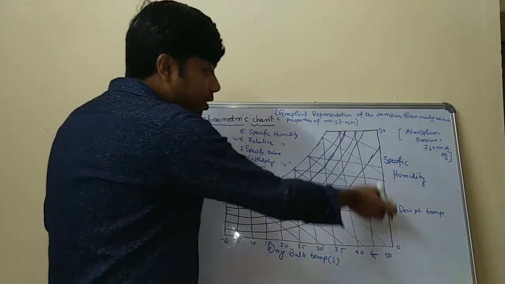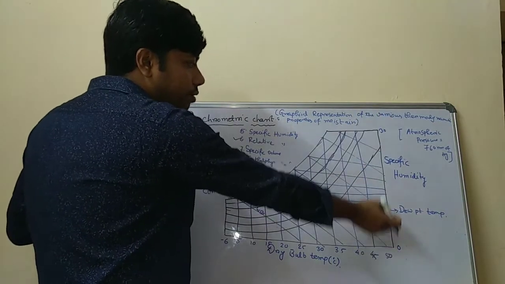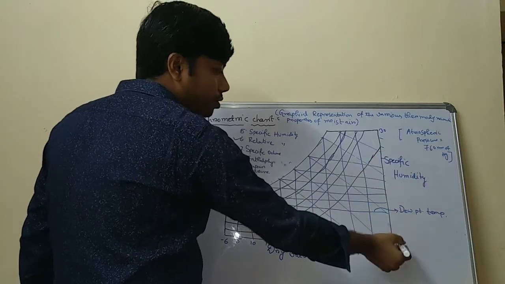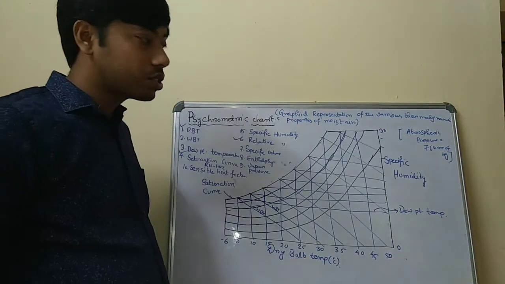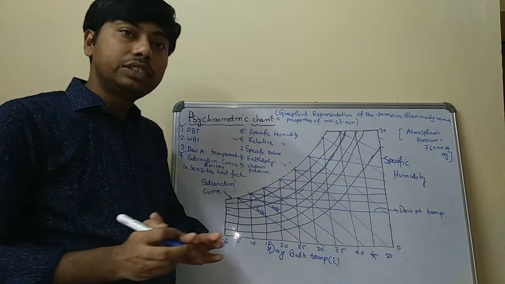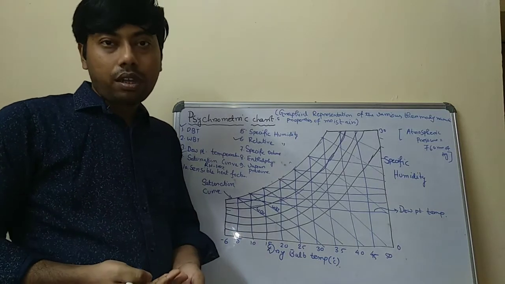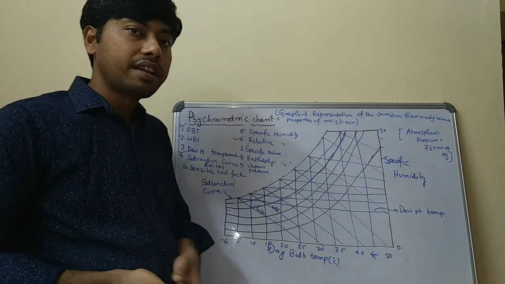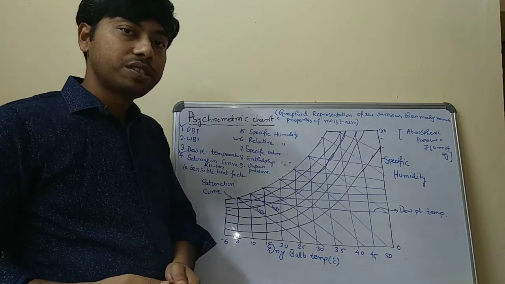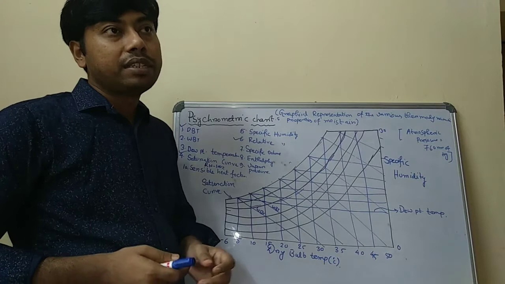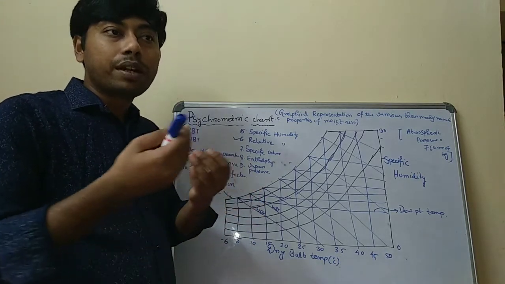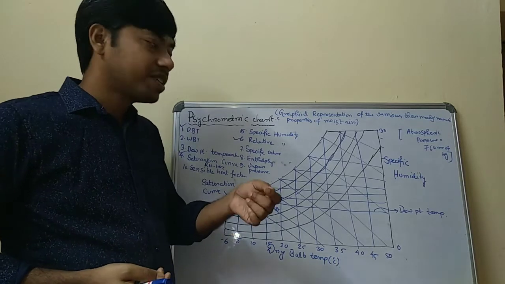Now specific humidity. Specific humidity is on the outside of the chart, uniformly spaced from 0 to 30, because specific humidity is the amount of moisture, water vapor, present per kg of air. That means in 1 kg of dry air, the amount of water vapor present indicates your specific humidity.